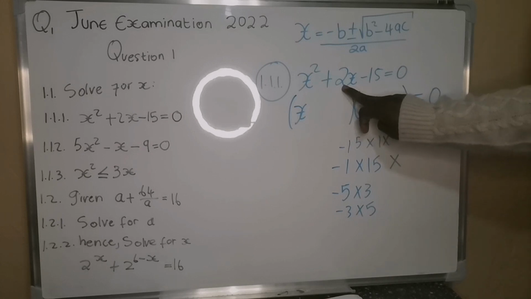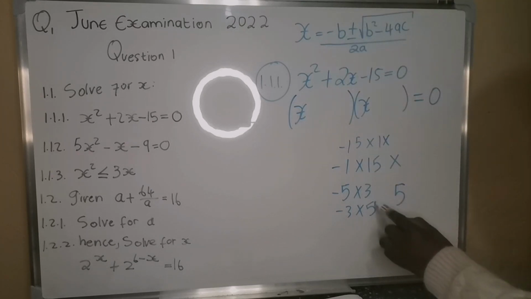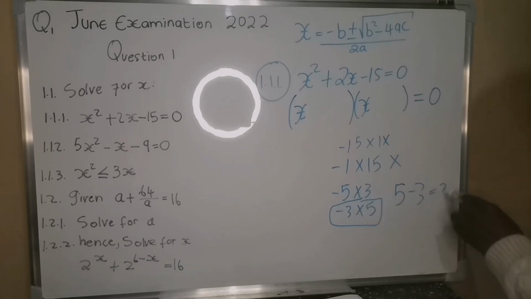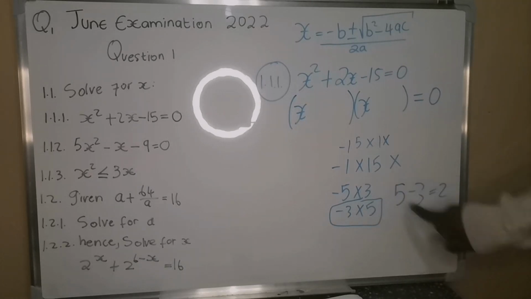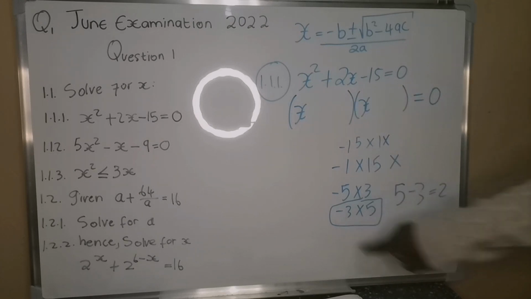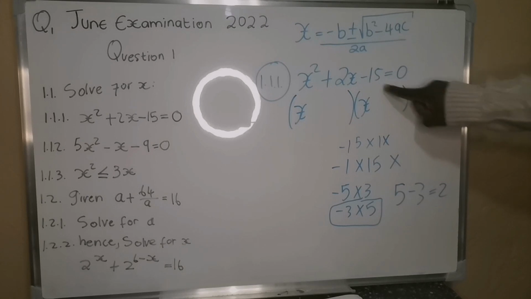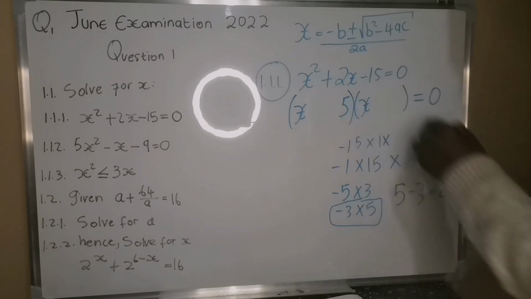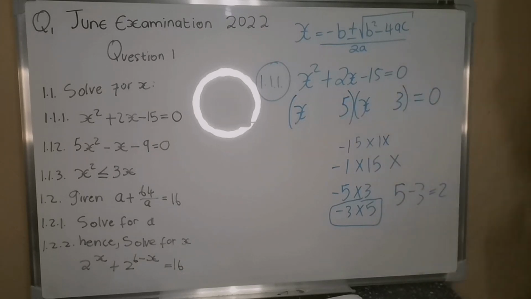We need those 2 terms that you can add or subtract to give 2. Because 5 minus 3 is equal to 2, and 5 times negative 3 is equal to negative 15, therefore I'm going to have 5 and negative 3.